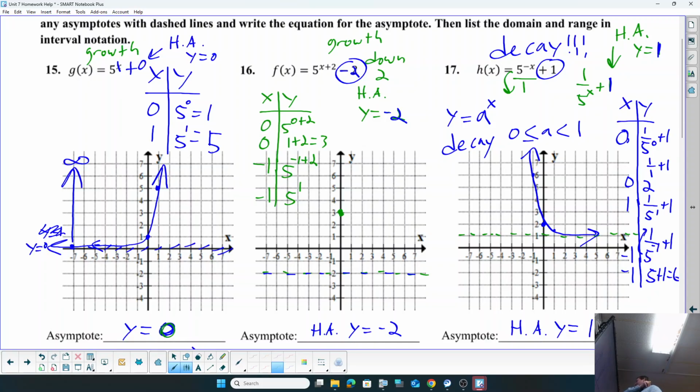This isn't looking right. Plug a 0 in, you get 0 plus 2, and 0 plus 2 is 2. And then what is that? Let me see. So that's -1 plus 2.